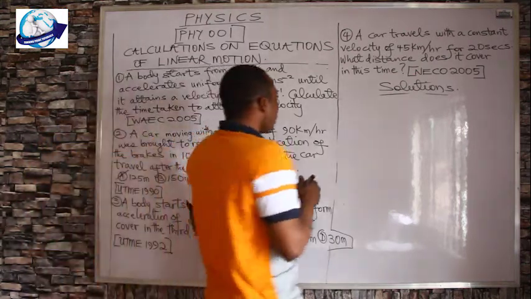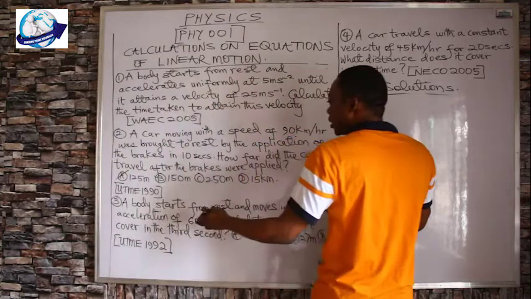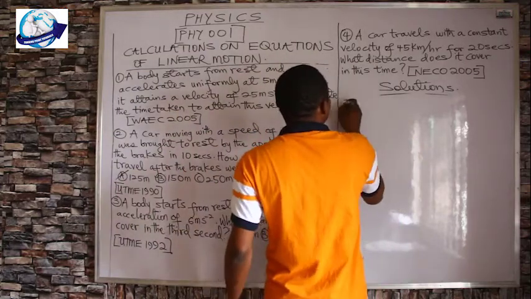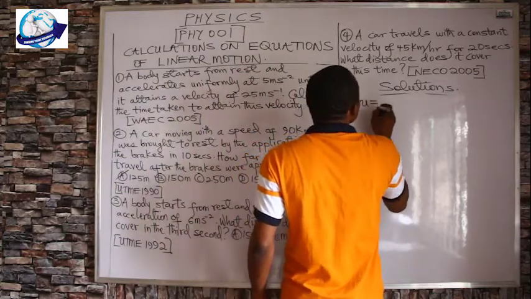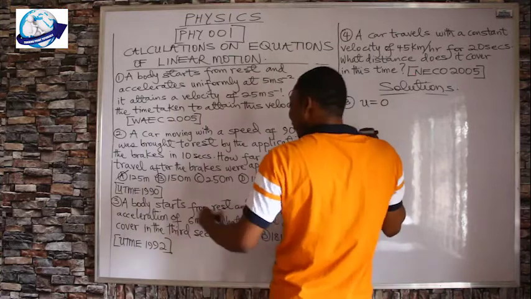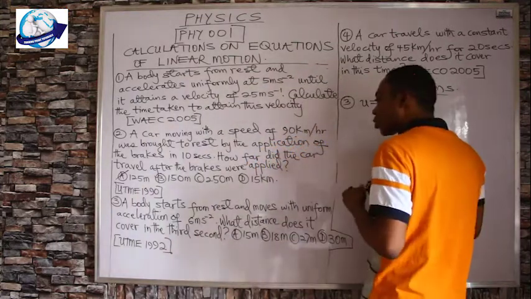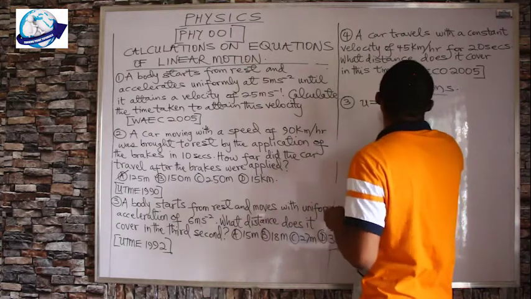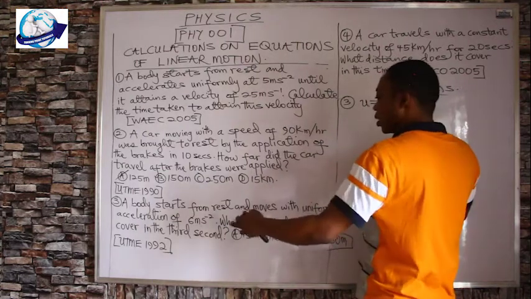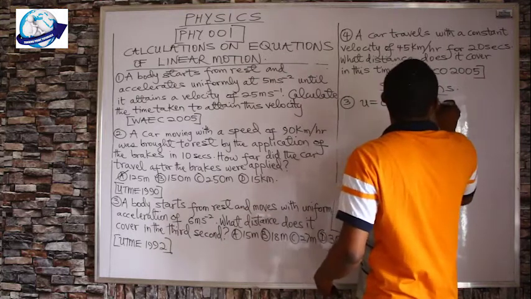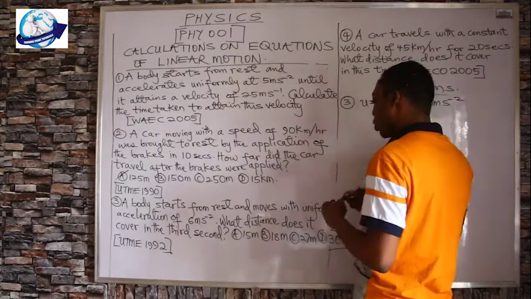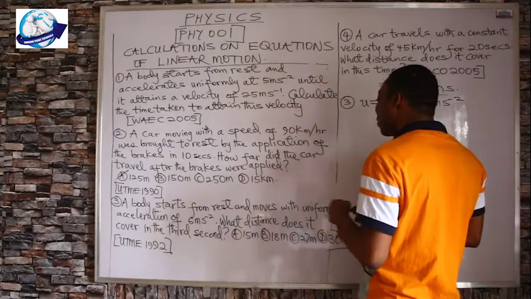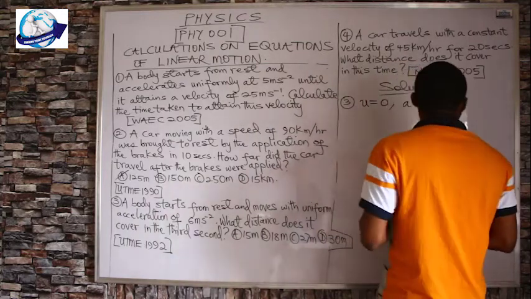If you start with the parameters as usual, first of all, U is equal to 0 because it's from rest. Acceleration is given: 6 meters per second squared.